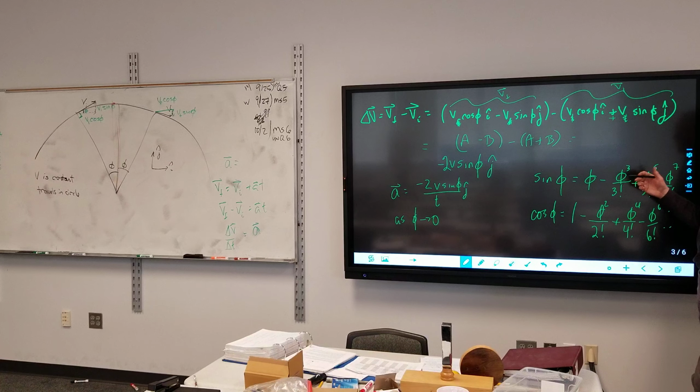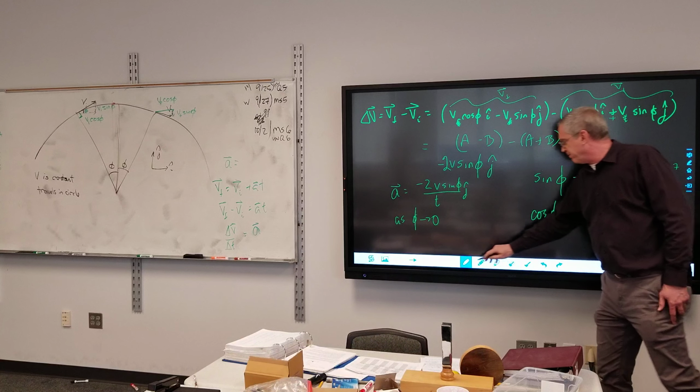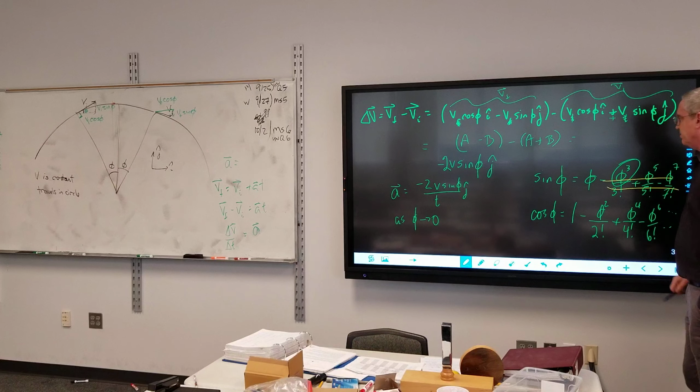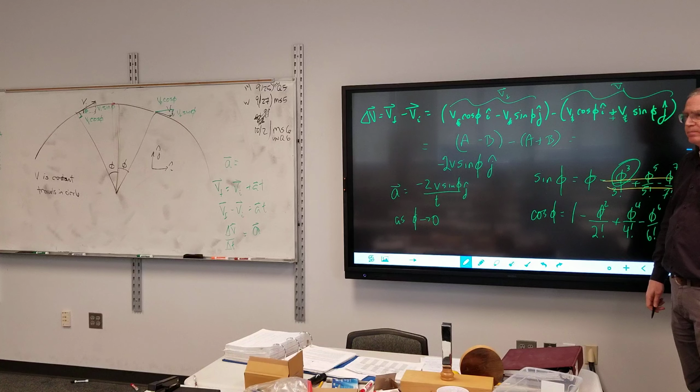So if phi is small, phi is not 0, but if phi is small, recognize that this cube term is incredibly tiny. The 5th term even smaller, the 7th power even smaller. So if phi is small, these terms become so incredibly inconsequential.